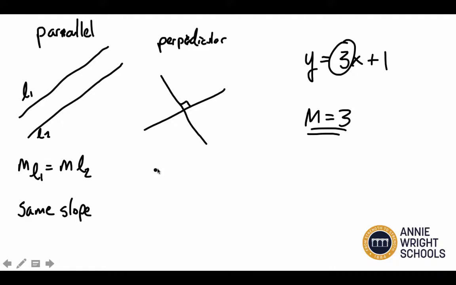Lines that are perpendicular have an interesting relationship. If this is line 1 and this is line 2, the slope of line 1 times the slope of line 2 equals negative 1. And the way you can think about this is that perpendicular slopes are opposite signs and they are reciprocals.